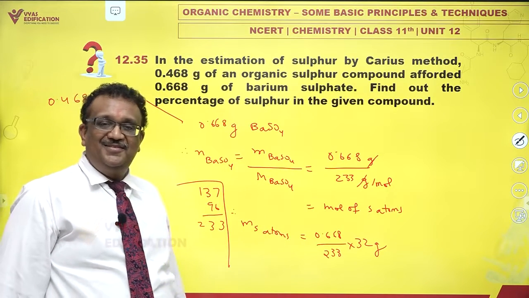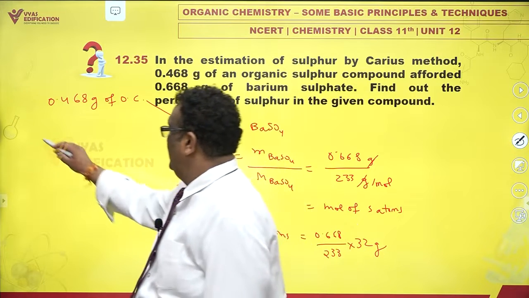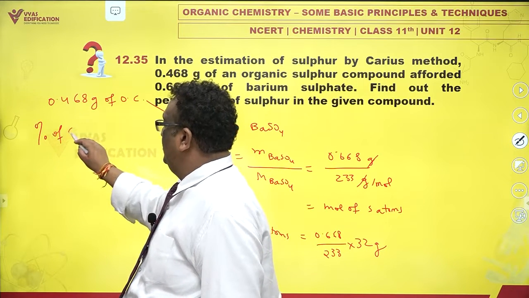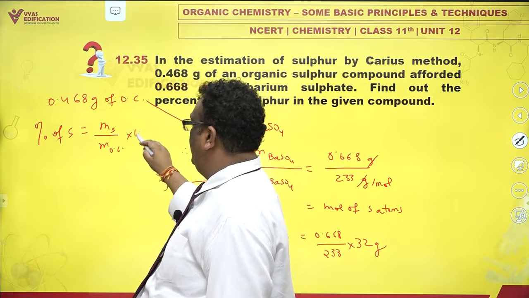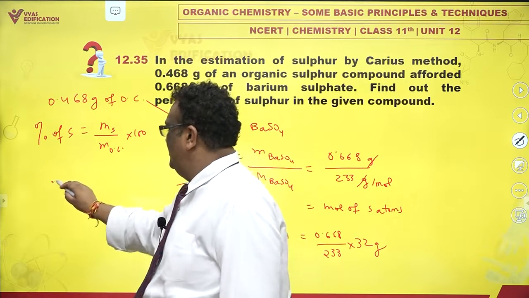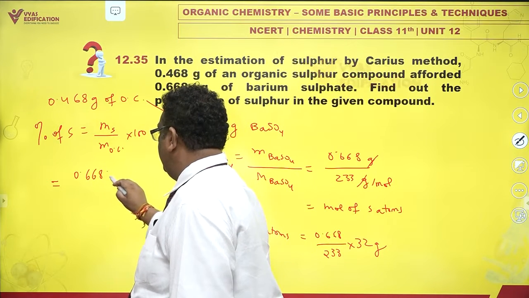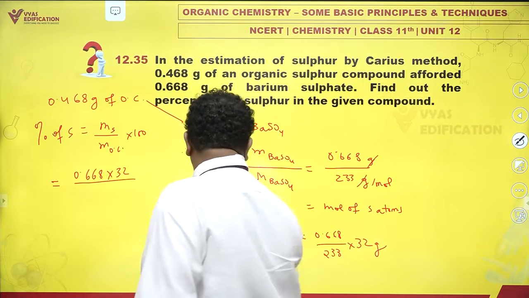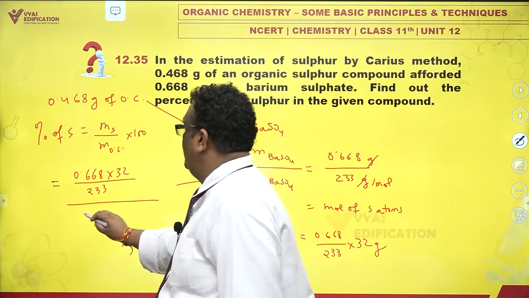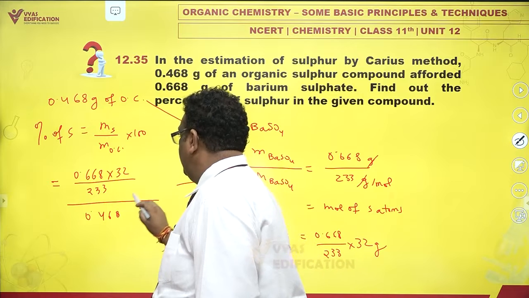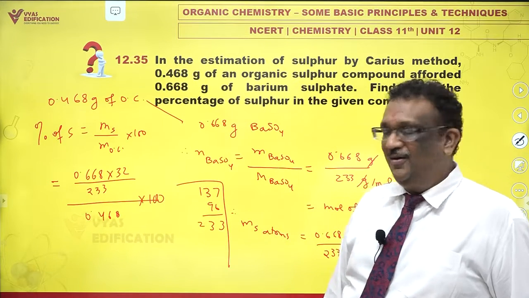That's it. And percentage of sulfur in the organic compound is mass of sulfur upon mass of organic compound into 100. Common sense. Mass of sulfur is 0.668 into 32 divided by 233, divided by 0.468, into 100. Oh my God.